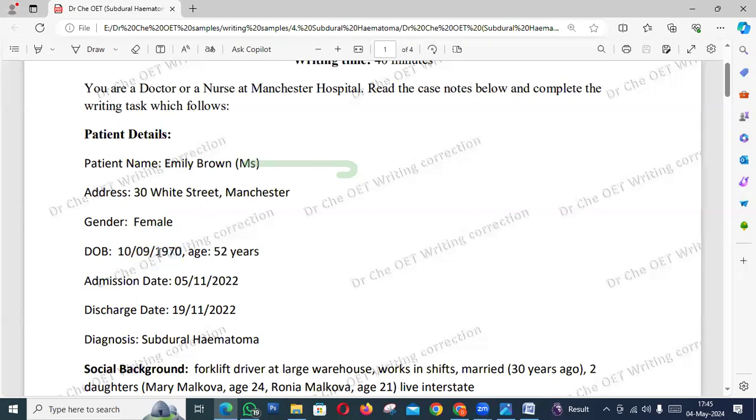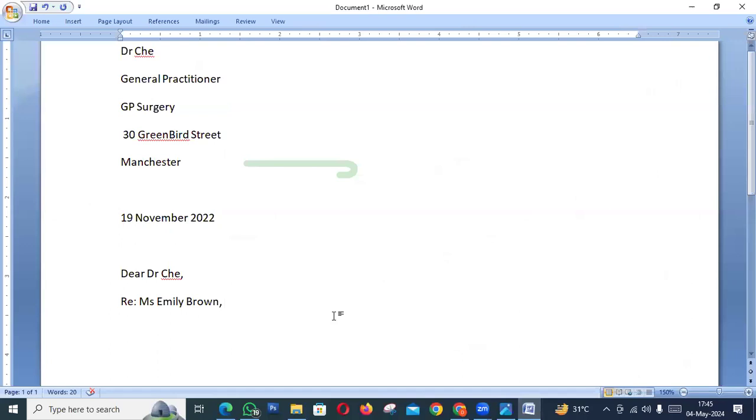And when you see the date of birth, you start counting the age: 70, 80, 90, 2000, 2010, 2020, so he has 52 years. When the age is given, it's easier for me to see the age. But you can do it either way, you can write date of birth or age, okay. I would prefer age. You can use a capital A or a small a, both of them are correct, but the preferred one is a small a, okay. 52 years.